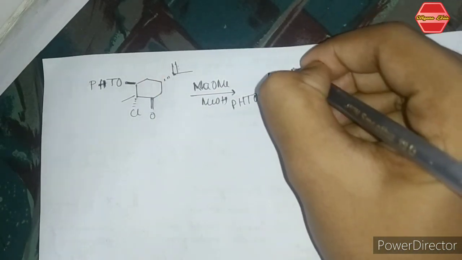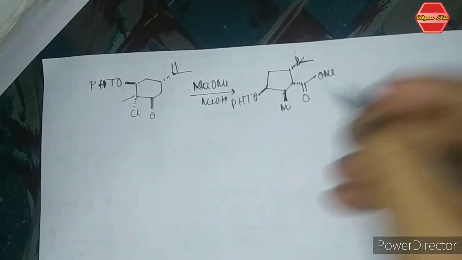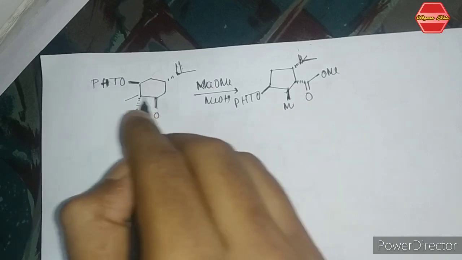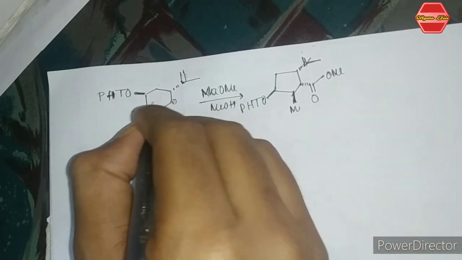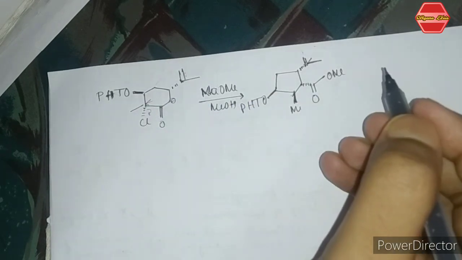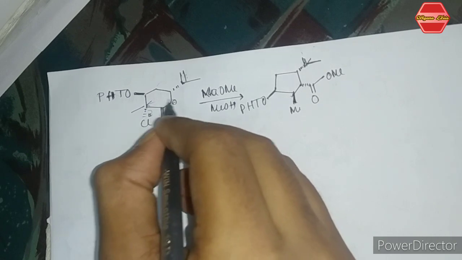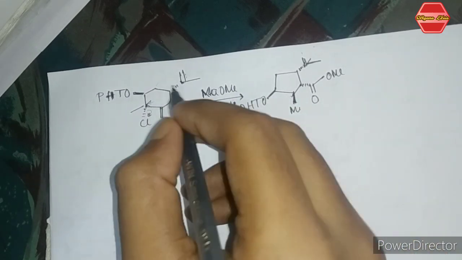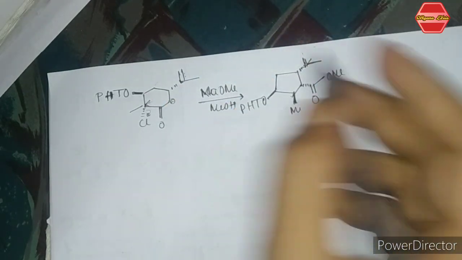These groups are as it is, the same. And now see the mechanism of this reaction. Here is a negative charge, this will go here, and the Cl is removed from the system, and during this the negative charge is here. After that the 3-member cyclopropane ring will open via nucleophilic attack of OMe.